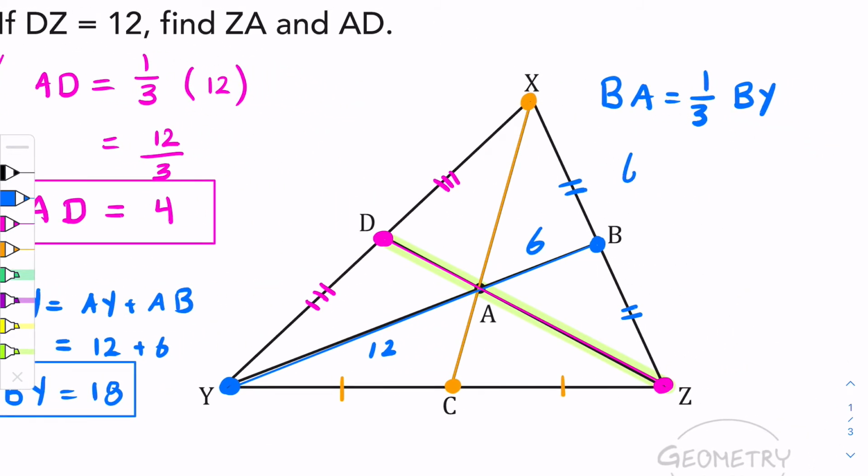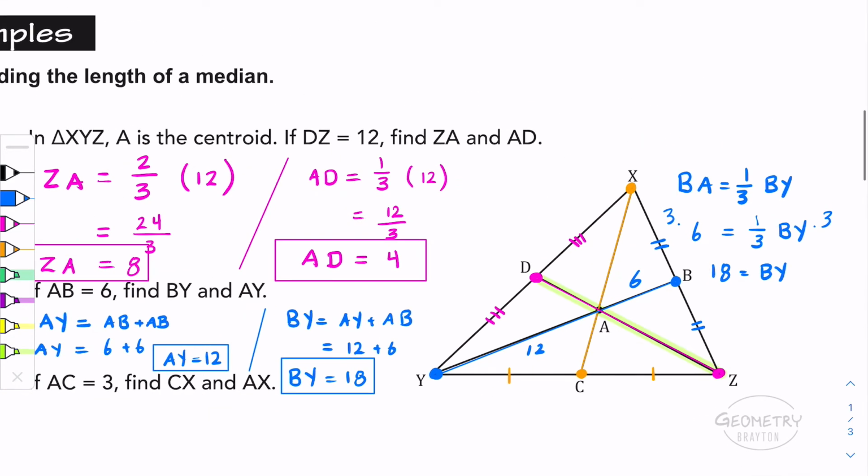I know that BA is 6. 6 is equal to 1/3 times BY. Multiply both sides by 3. And I know that 18 is equal to BY. Same answer as what we already got, another way of solving it. So however you go about that is fine.